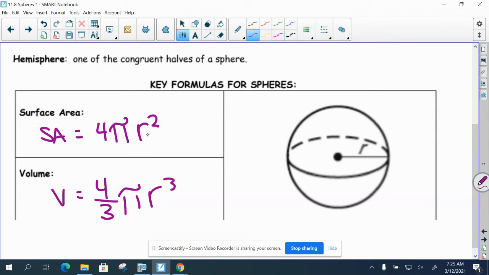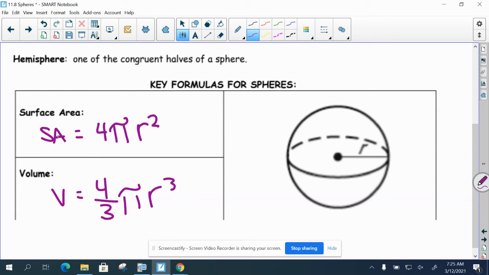All right, so it's not actually a coincidence that when you raise the exponent by 1 from 2 to 3, you also end up dividing the 4 by 3. That is actually a thing with calculus.